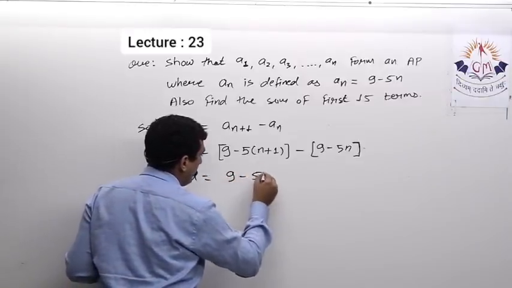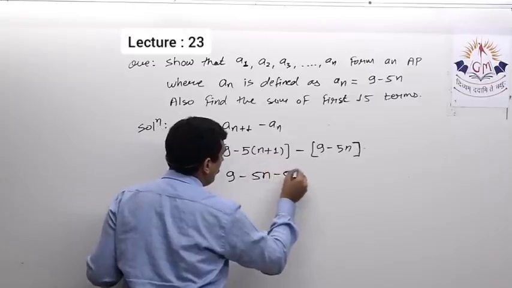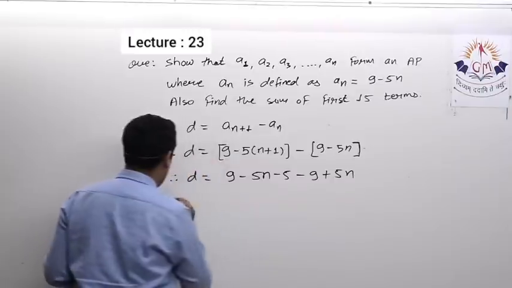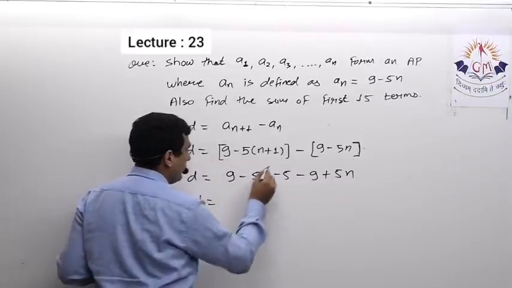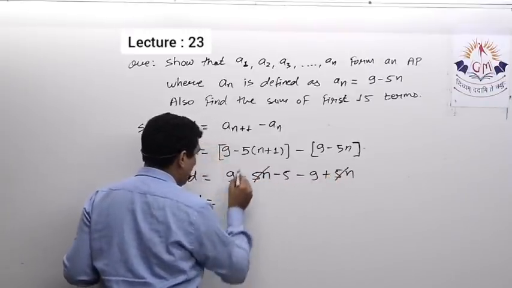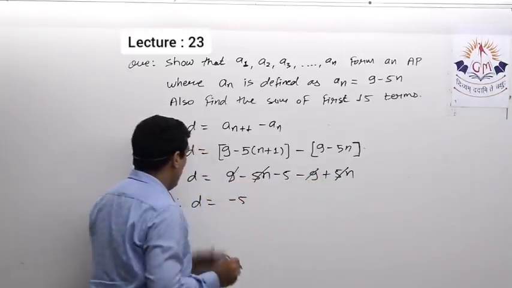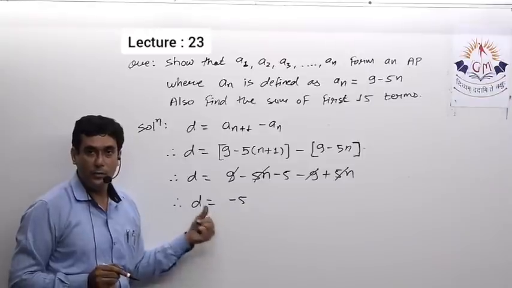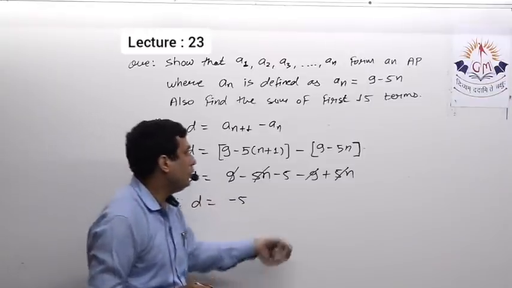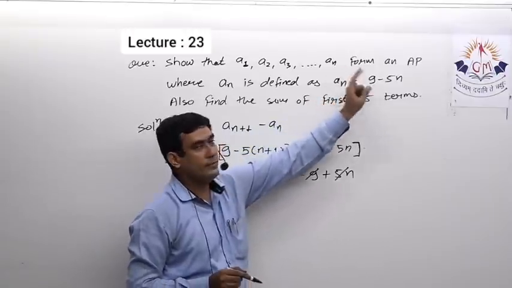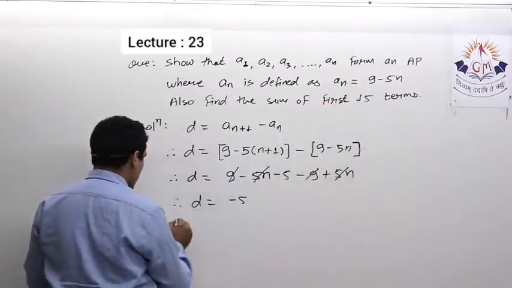So let us see, this is minus 5n minus 5. Over here minus 9 plus 5n. So d is equal to this: minus 5n plus 5n cancel, minus 9 plus 9 cancel, minus 5. So definitely here d is a constant term, so we can assure that the given an equal to 9 minus 5n forms an AP.